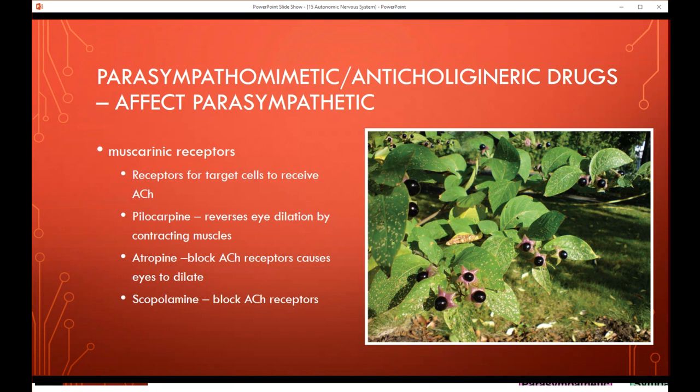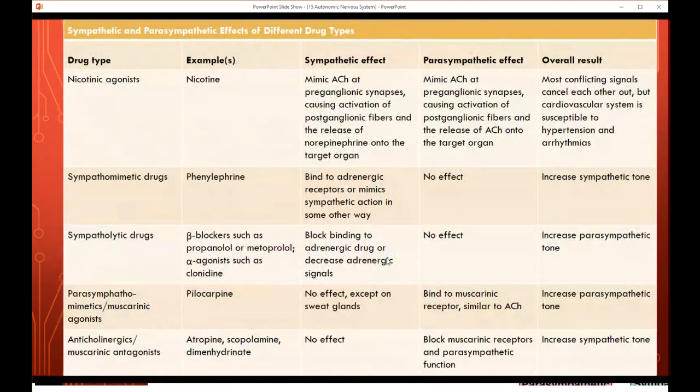Atropine can actually block the acetylcholine receptors, which can cause our eyes to dilate. Atropine is also used as a pain reliever, and that's because it blocks those acetylcholine receptors so that we're not able to receive the pain signal anymore.